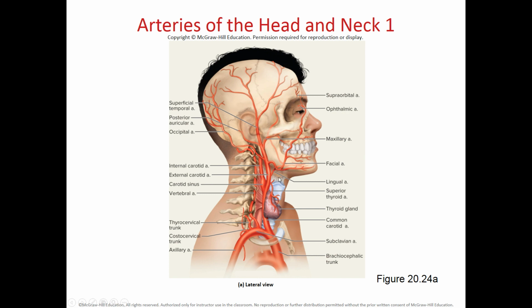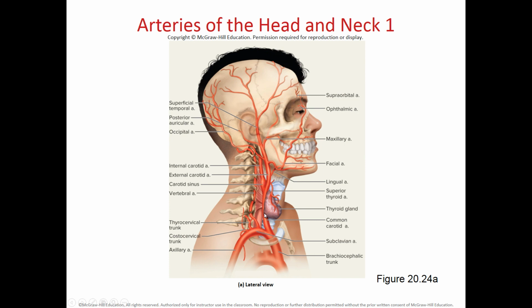So one branch of this subclavian is going to be this vertebral artery. This vertebral artery is going to go into the transverse foramina of the cervical vertebrae, and then it will enter into the brain to provide blood supply into the posterior portion of the brain, the vertebral artery.